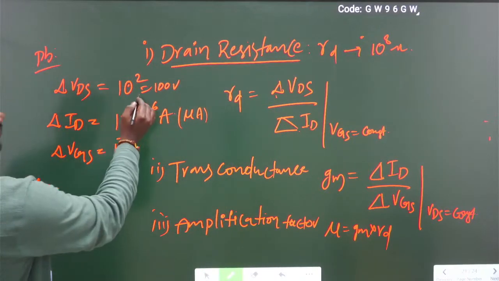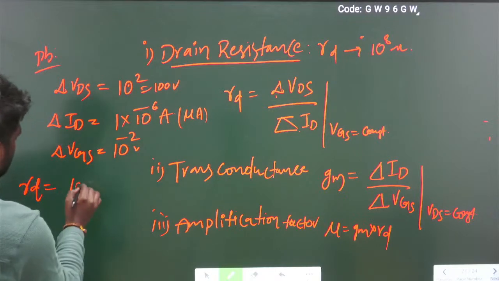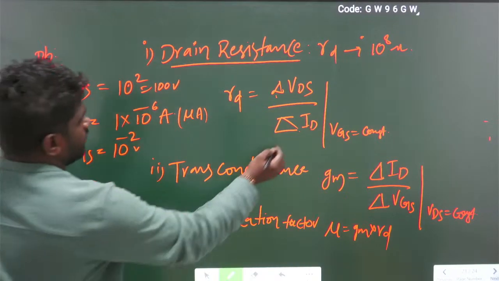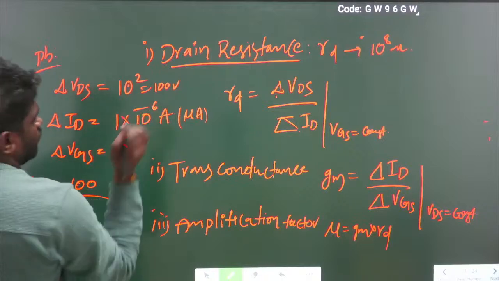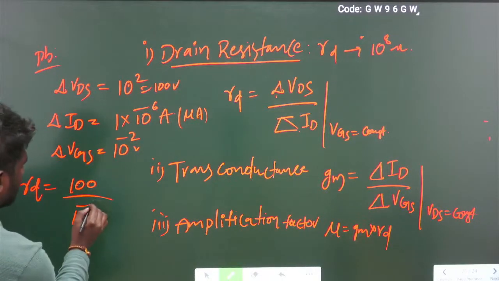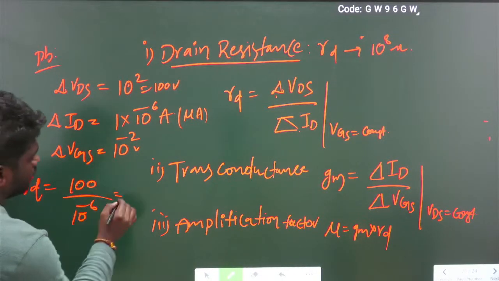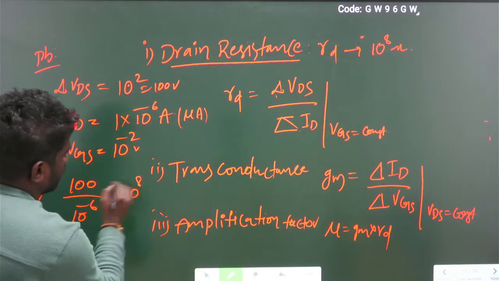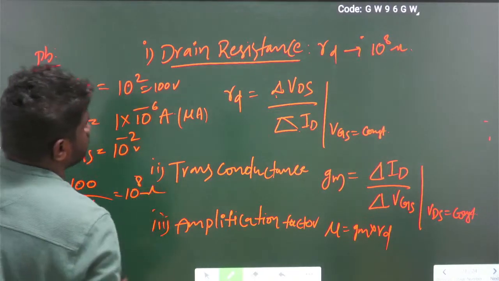RD equal to delta VDS by delta ID. Delta VDS is 100, by delta ID, 1 into 10 power minus 6 ampere. The 10 power minus 6 goes to the numerator and it becomes 10 power 8 ohm.